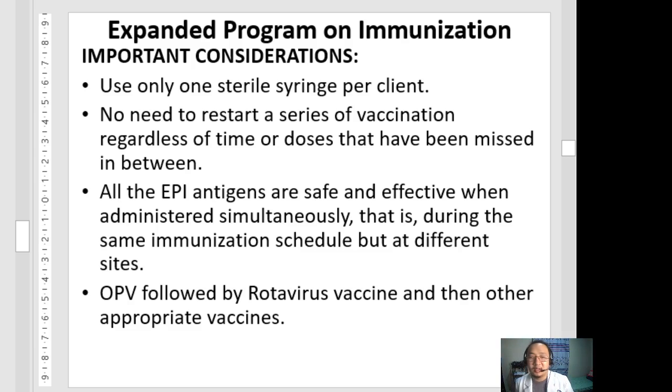Then on the fourth one, OPV is usually administered with a dropper, with the manufacturer's preparation, and the dropper should not touch the child's tongue, for proper absorption of the vaccine.